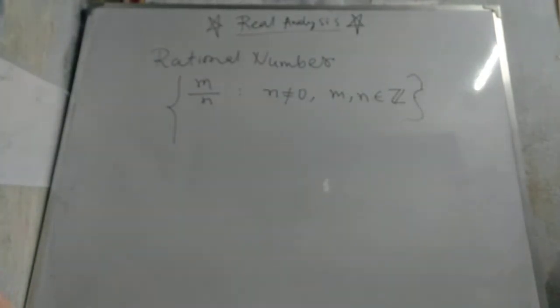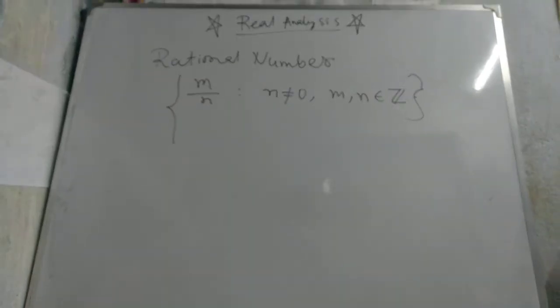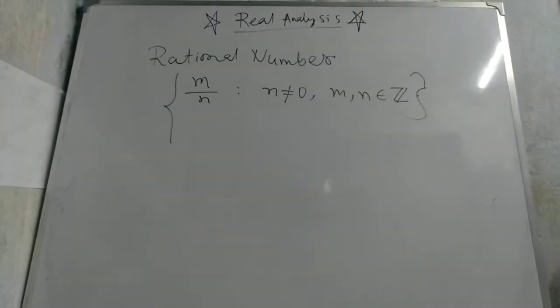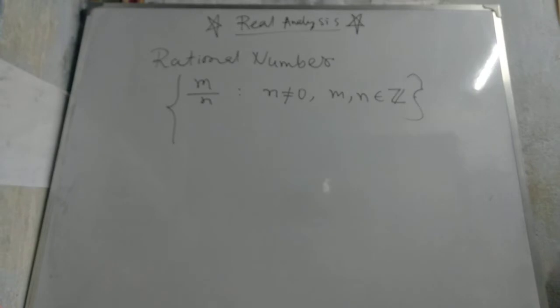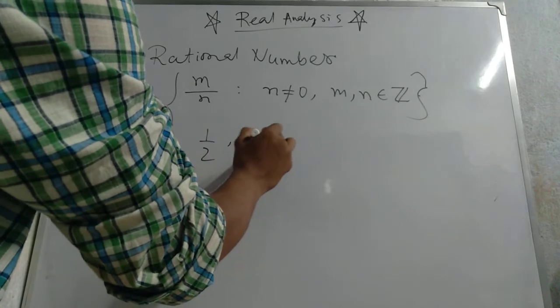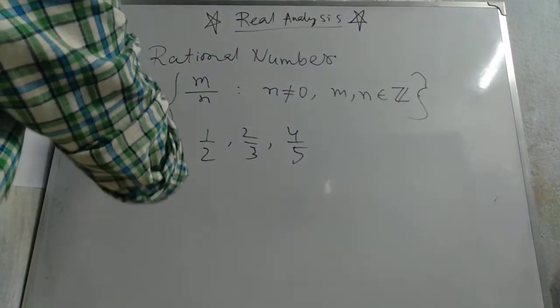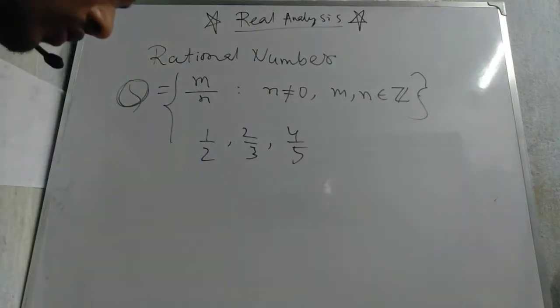We also want to know which ones are rational numbers. Let us give some examples: 1 by 2, 2 by 3, 4 by 5, those are rationals. And we denote it by Q.